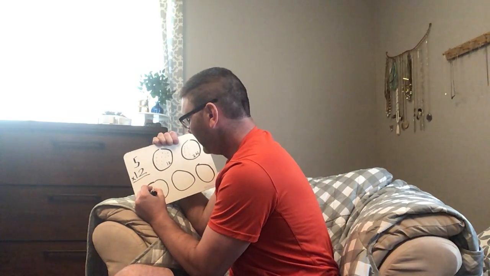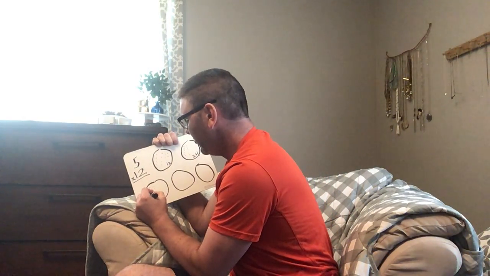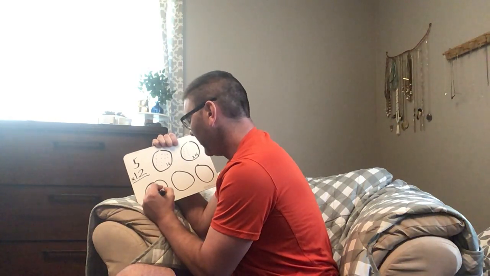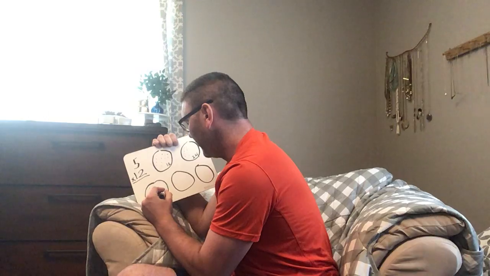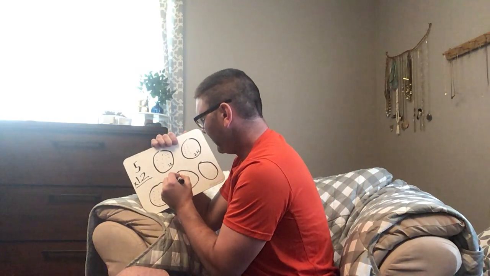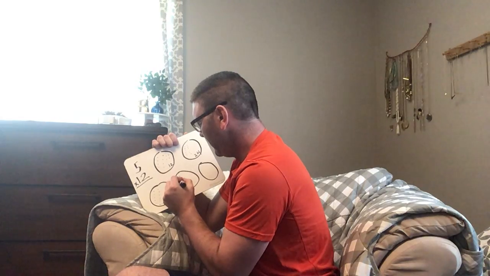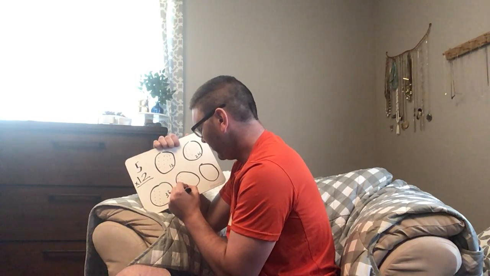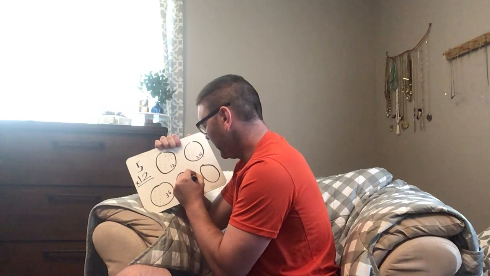25, 26, 27, 28, 29, 30, 31, 32, 33, 34, 35, 36. I'm going to write my number in there, 36. 37, 38, 39, 40, 41, 42, 43, 44, 45, 46, 47, 48. Got another 12.